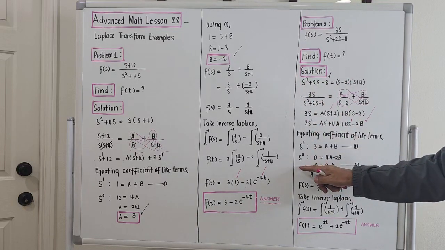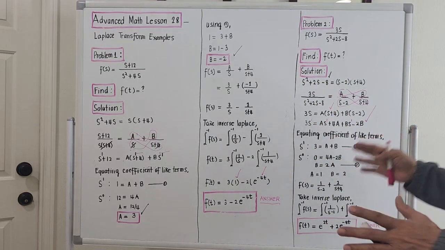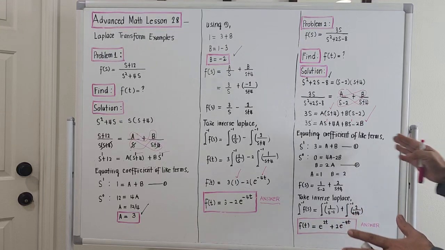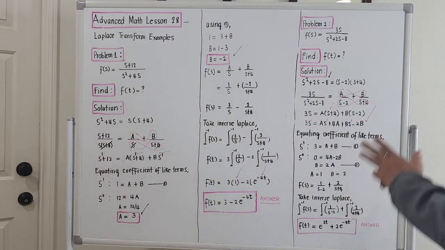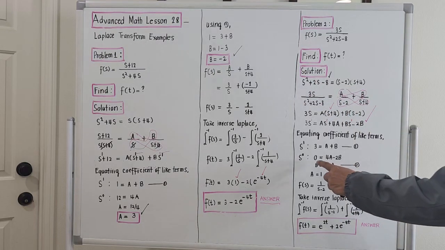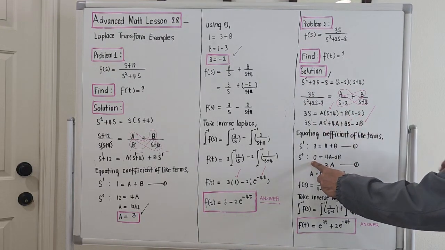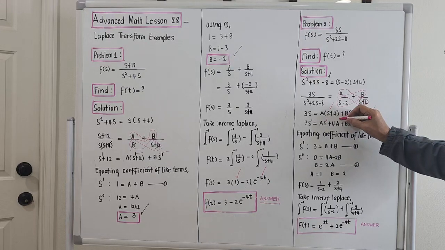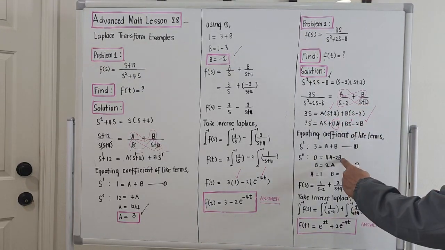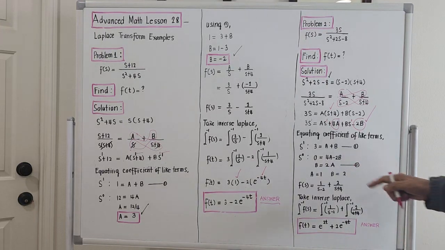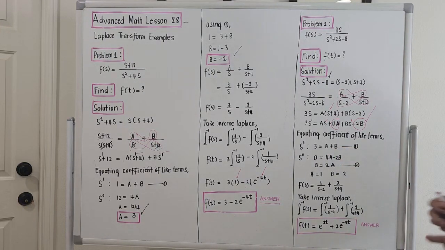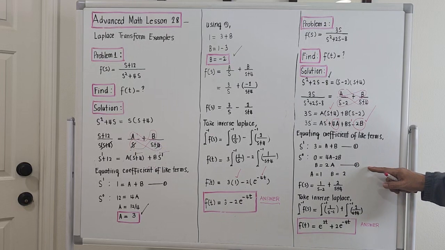Next, s to the 0 power, meaning all constants for both the left and right. There is no constant on the left-hand side, so we place it at 0. For the right-hand side, it will be 4A minus 2B. Simplifying this, B will be equal to 2A.